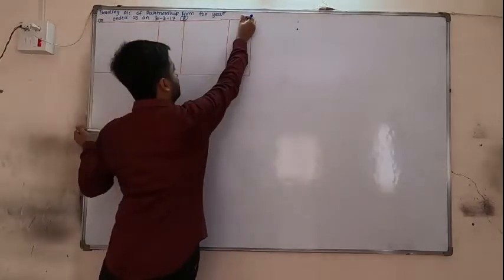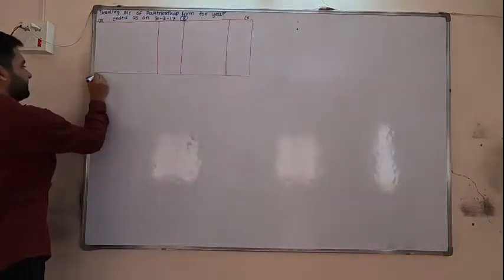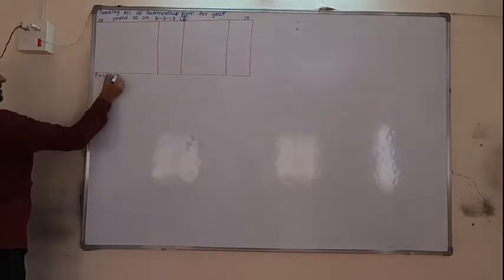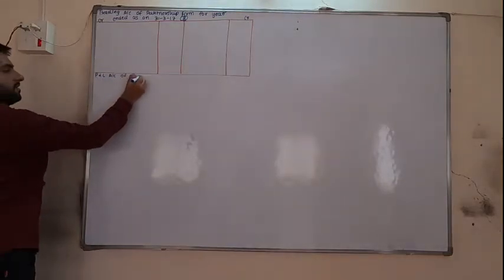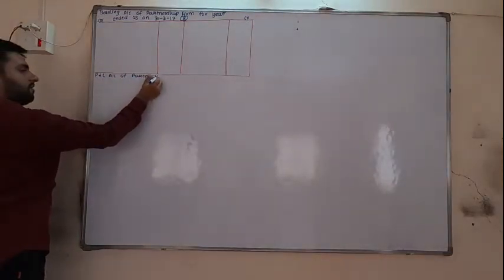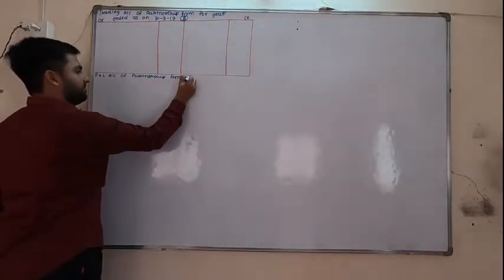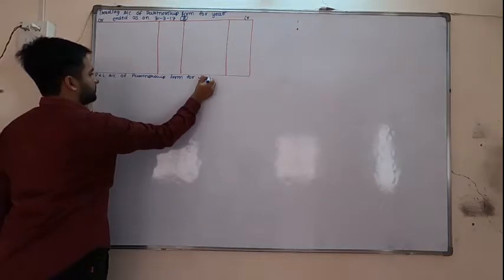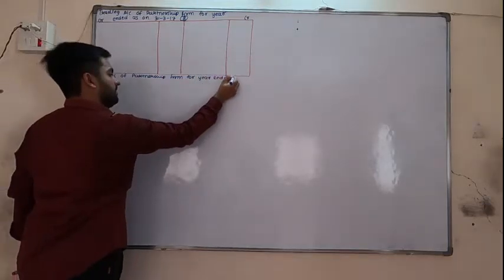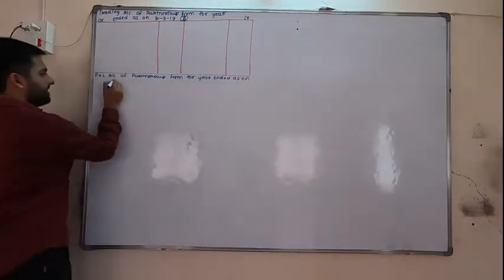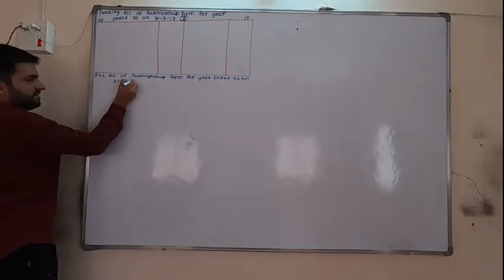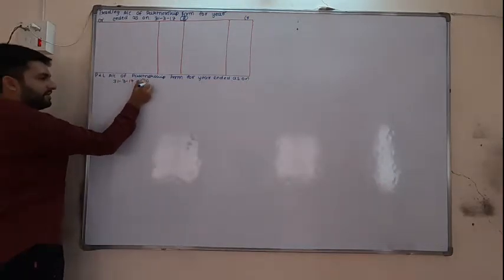Debit, credit. After that, P&L account of partnership firm for year ended as on 31/3/17, rowing for 20 lines.